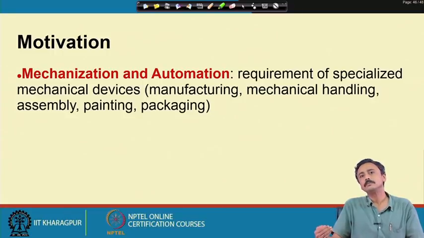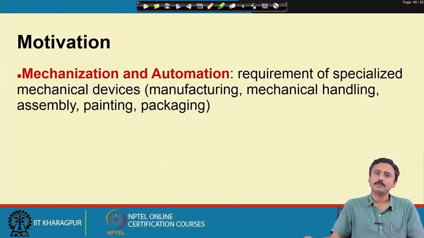We all understand the utility or importance of mechanization and automation. We have robotic mechanisms, robotic devices which perform automated assembly operations, welding operations, material handling operations, packaging, painting, etc. So, to understand how these devices work, we need to understand the kinematics.